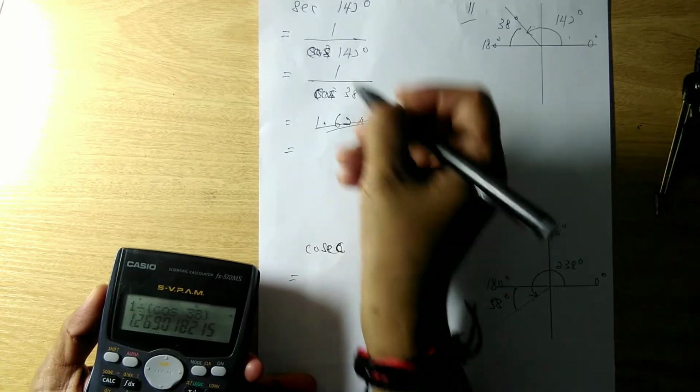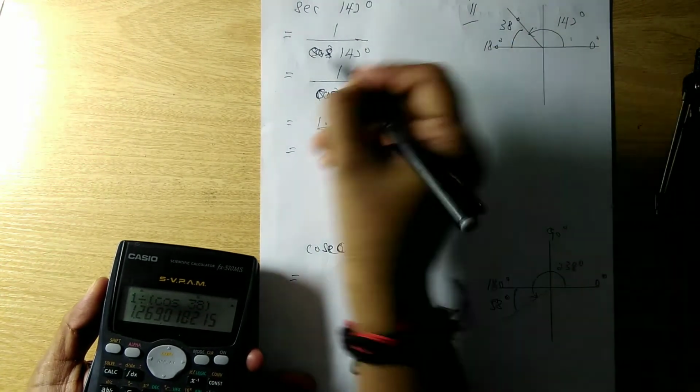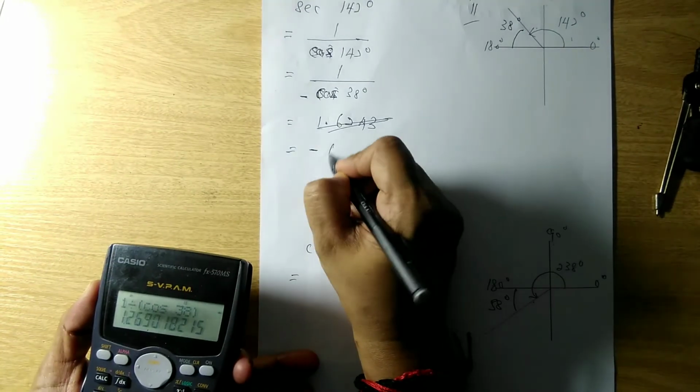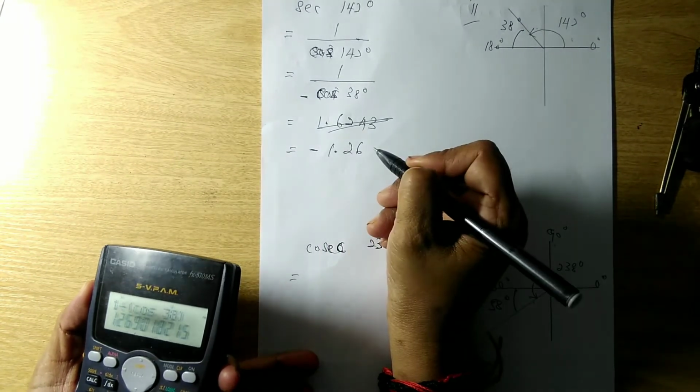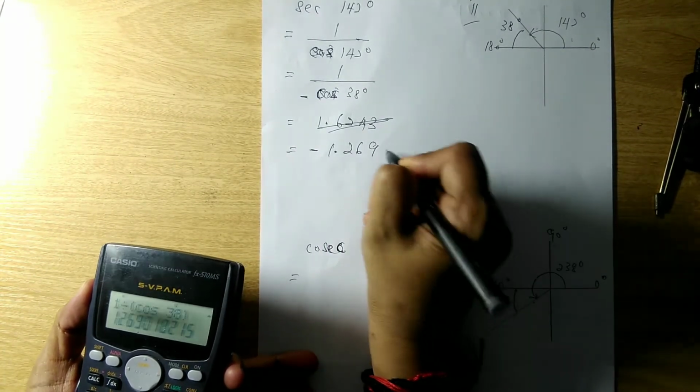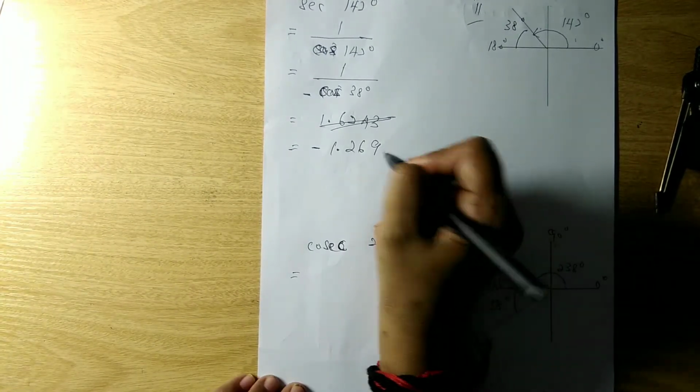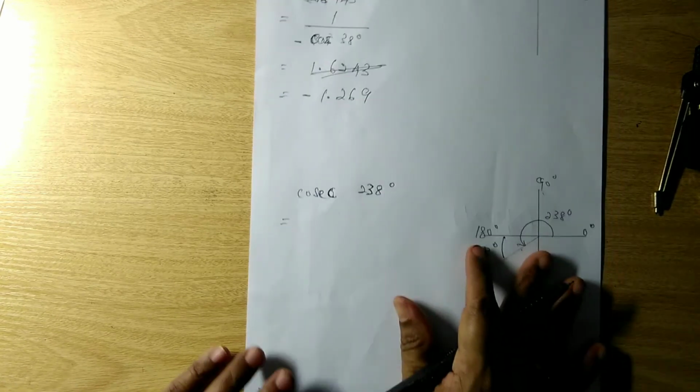So it's negative 1.269. Okay, so now for this one, cosecant, sorry about this, this is secant, so this is 1 over cos.